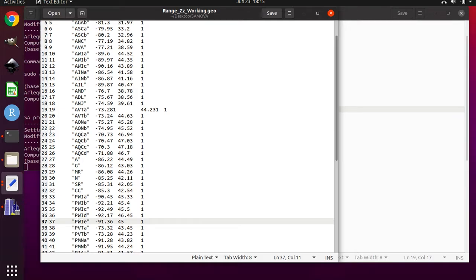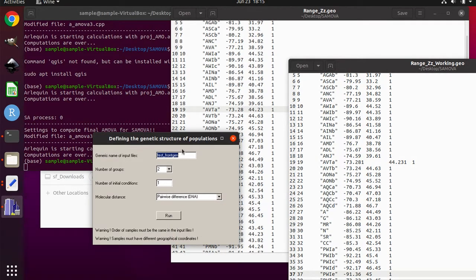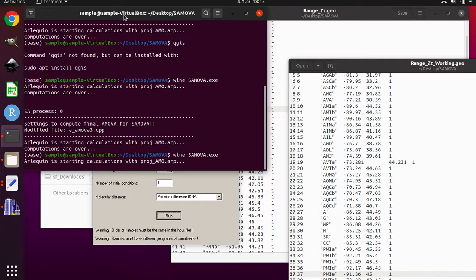And the one we need is range ZZ working. And when we do that, it runs.